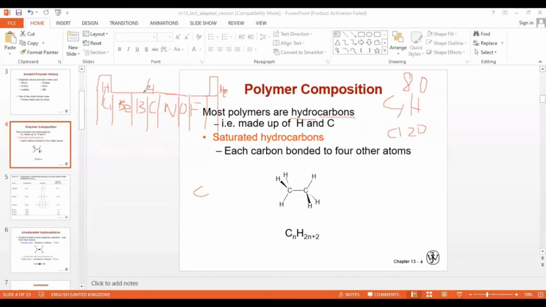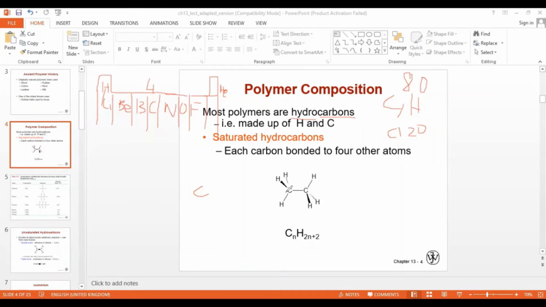So now the valency of carbon is 4, right? Which means it can form only 4 bonds. Carbon can form only 4 bonds since it is in the fourth group: 1, 2, 3, and 4. Now we will take this carbon.